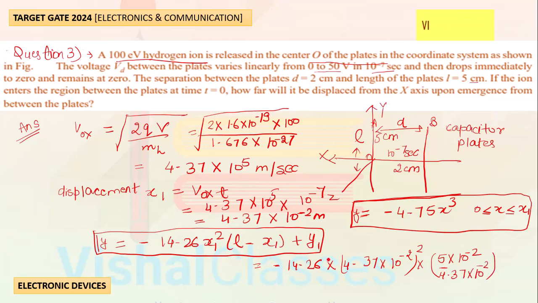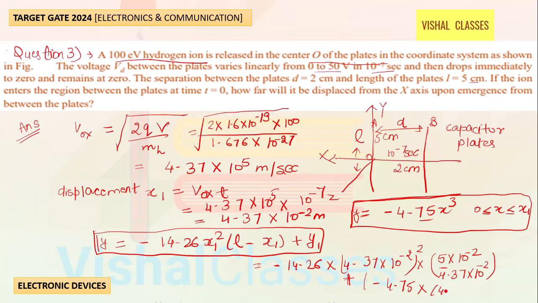Okay, plus y1, and the y1 value will be calculated from this: y1 in terms of x1, which is minus 4.75 x cube.